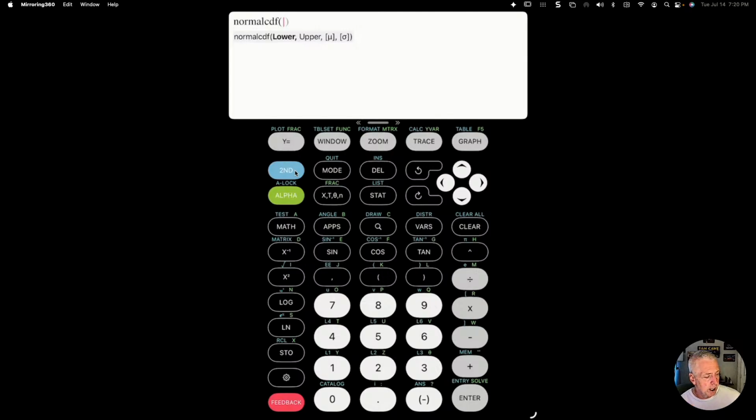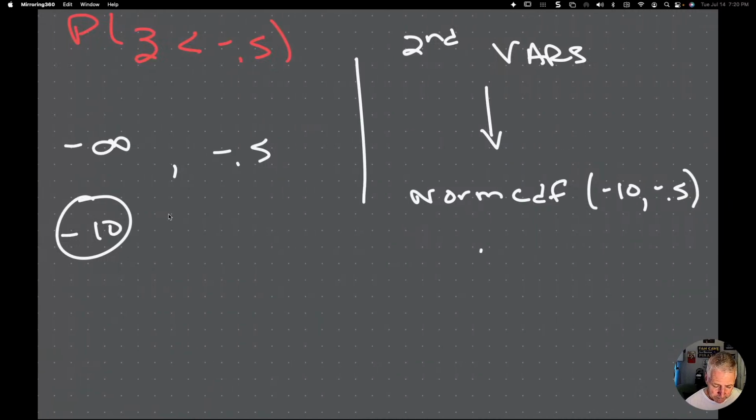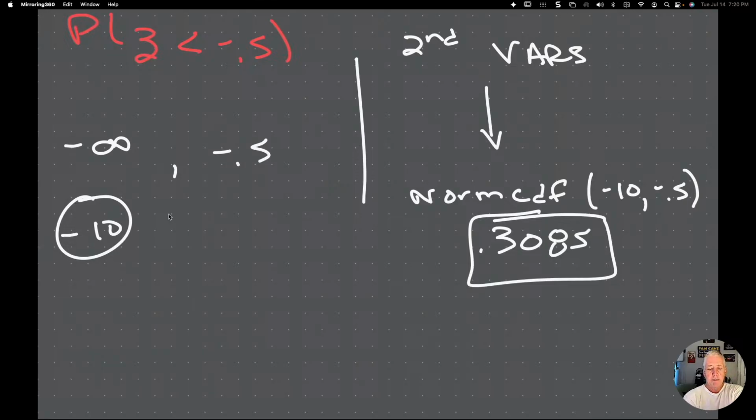So we're going to go from negative 10, the farthest left z-score, because we're going all the way to negative infinity, to negative 0.5. Make sure the point's in there. And I get 3085. So I get 0.3085. So about a 31% probability that a z-score will lie on that side of that number, about 30%.